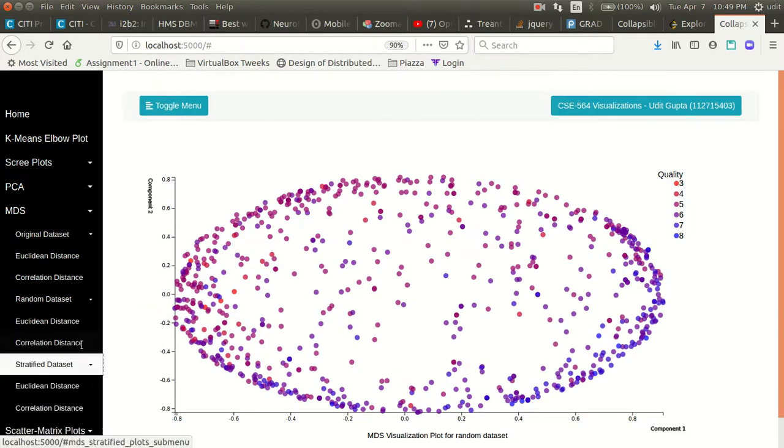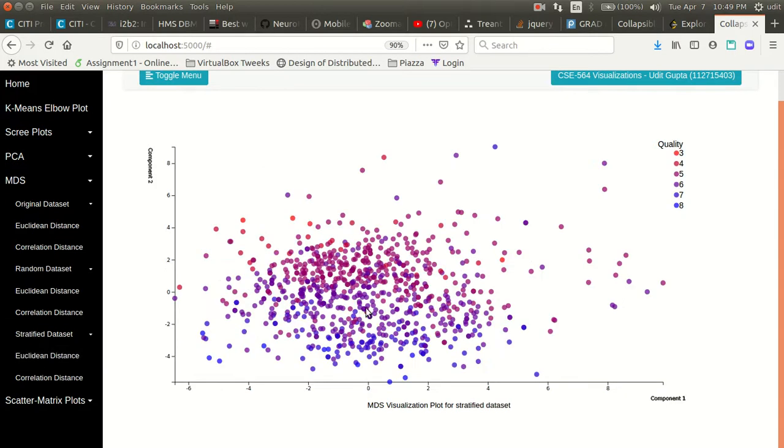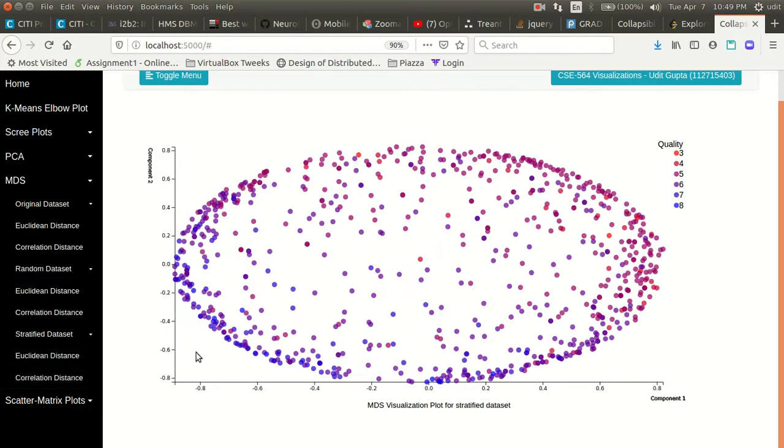And finally we perform the same analysis on the stratified data set, in which case we see a good distinction in red points, purple points and blue points this time. Finally, looking at the correlation distance, we see that the red points are clustered on the upper periphery and the blue points are clustered on the lower periphery.